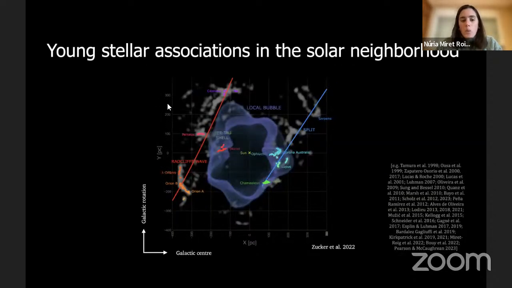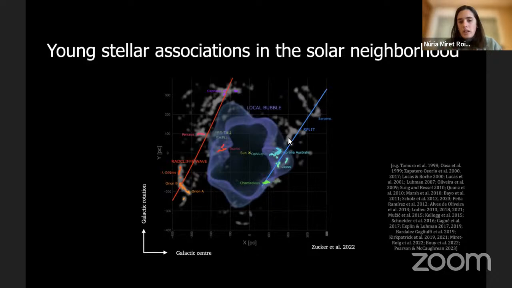Now what you're seeing is a map of the solar neighborhood where our sun is exactly at the center here. And here we have the galactic center, and we have highlighted some star-forming regions around the sun. So for instance, you might be familiar with regions like Orion, Taurus, Perseus, Cepheus, Chameleon, Ophiuchus, Corona Australis, Serpens.